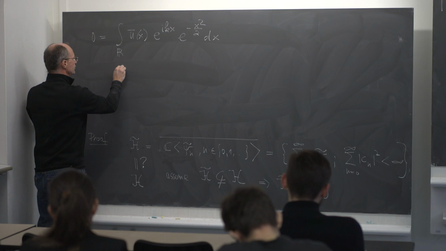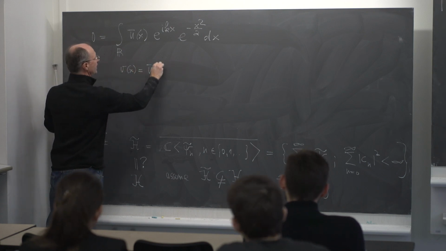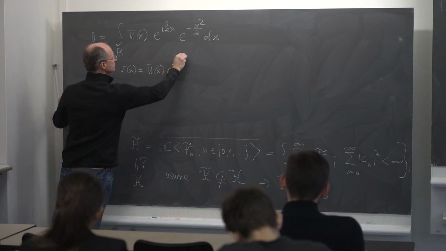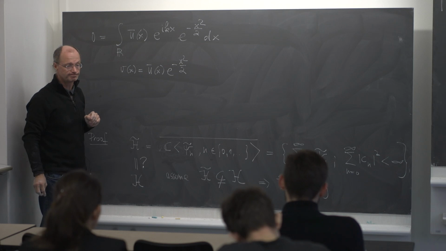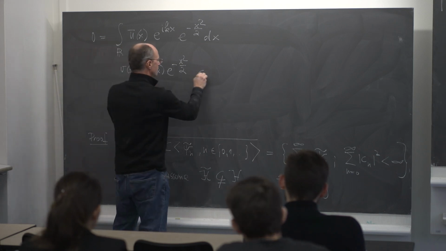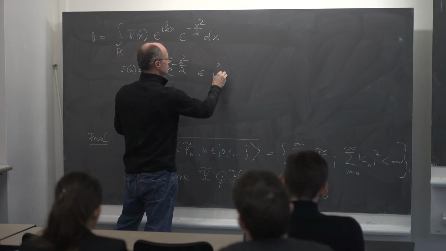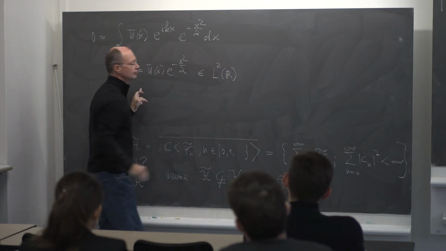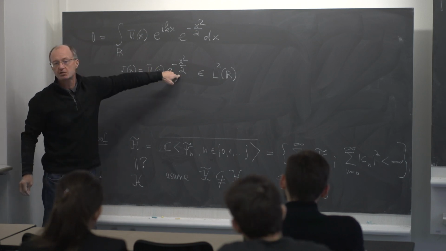Now let me introduce a new function, v of x, which is u bar of x times exponential minus x squared over 2. Note that this function is obviously in L2, because this was in L2, and we multiplied it by something bounded.